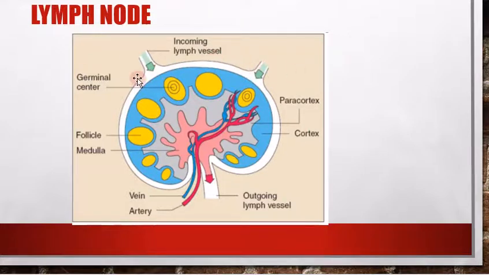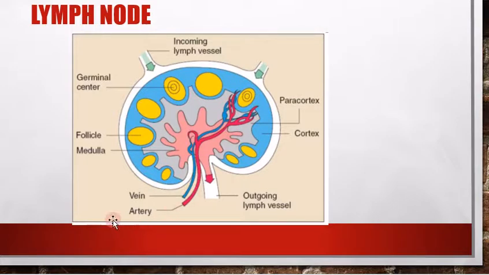These lymph nodes receive the lymph vessels, which bring in all those foreign particles, and they are filtered within the lymph node. And you see there are two blood vessels, a vein and an artery. The vein brings the impure blood and the artery takes away the purified blood.